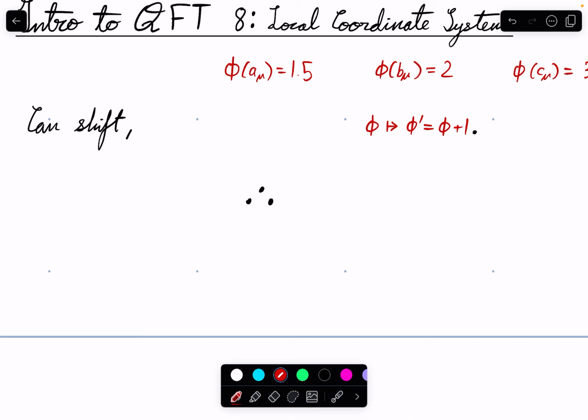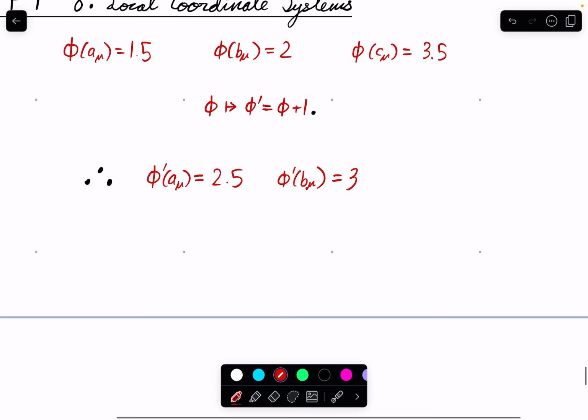Phi prime of a mu is equal to 2.5. Phi prime of b mu is equal to 3. And then phi prime of c mu is equal to 4.5.